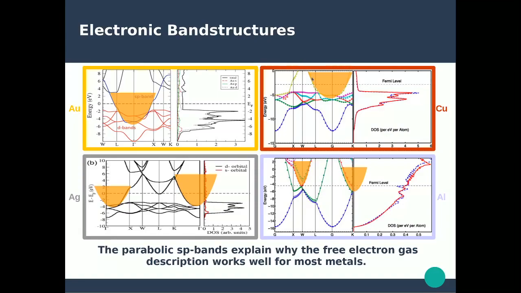If you remember your quantum mechanics course, you can go back to look at what a free electron dispersion looks like, and you're going to end up with the energy which is proportional to the momentum squared. So that's exactly the case here. That's why this free electron gas model works very well for metals.